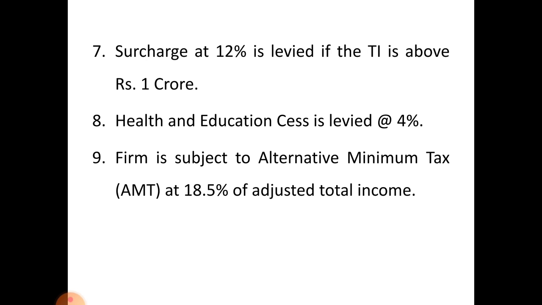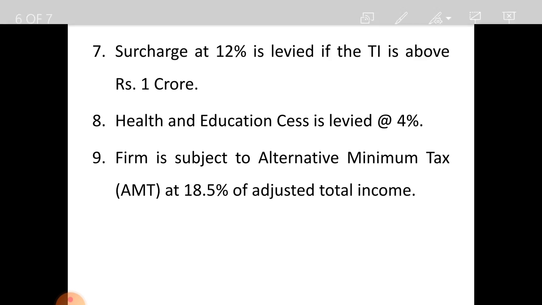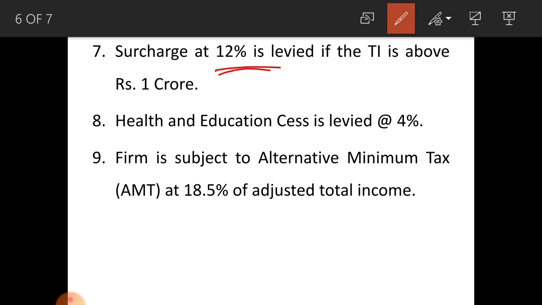Remember this point: tax rate at 30% and surcharge at the rate of 12% if the income is above 1 crore in case of a partnership firm. Note down those 2 points.